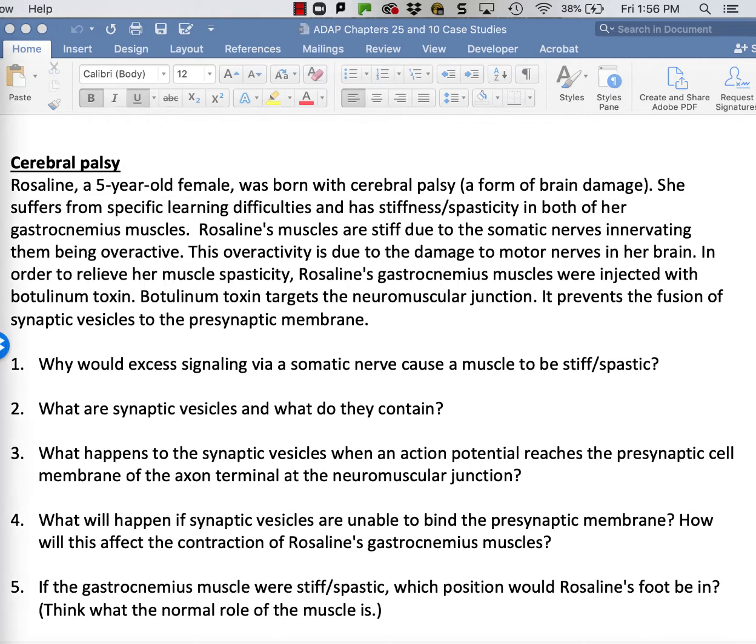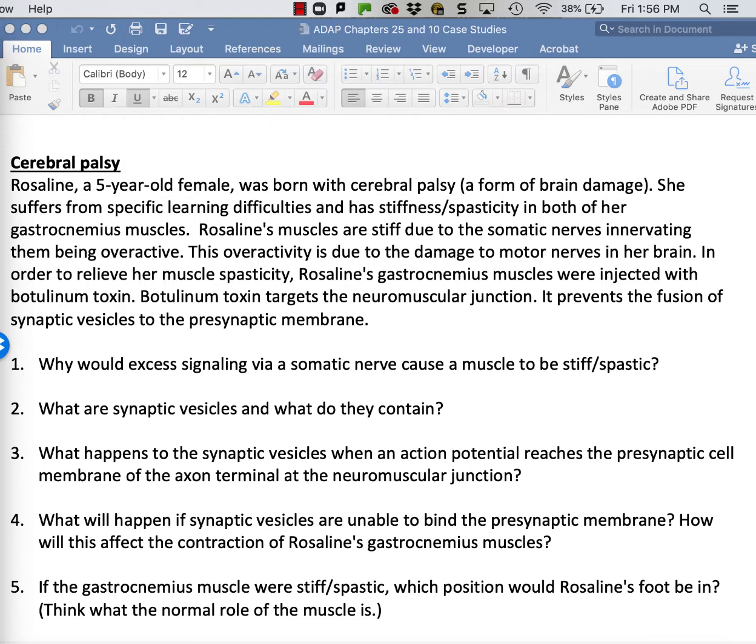Our answer here is that excess signaling from a somatic nerve results in more frequent depolarization of the muscle cell. That would produce a more frequent or even constant contraction of the muscle cells, resulting in a stiff or spastic muscle.